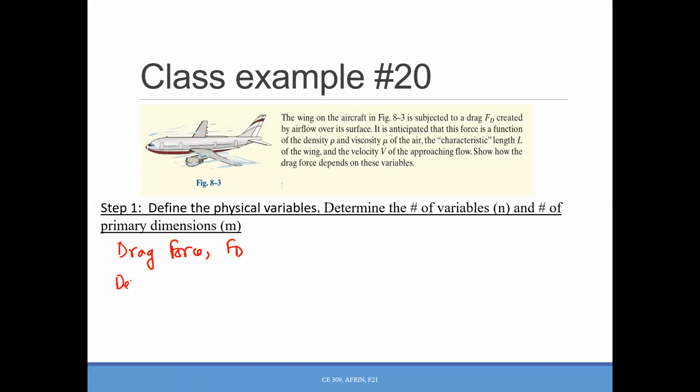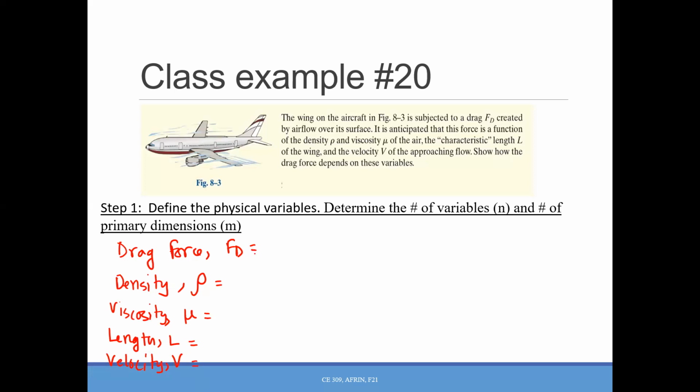The next one will be density rho. Next one will be viscosity, kinematic viscosity. Oh, sorry, it will be the dynamic viscosity. Then length L, and the velocity.